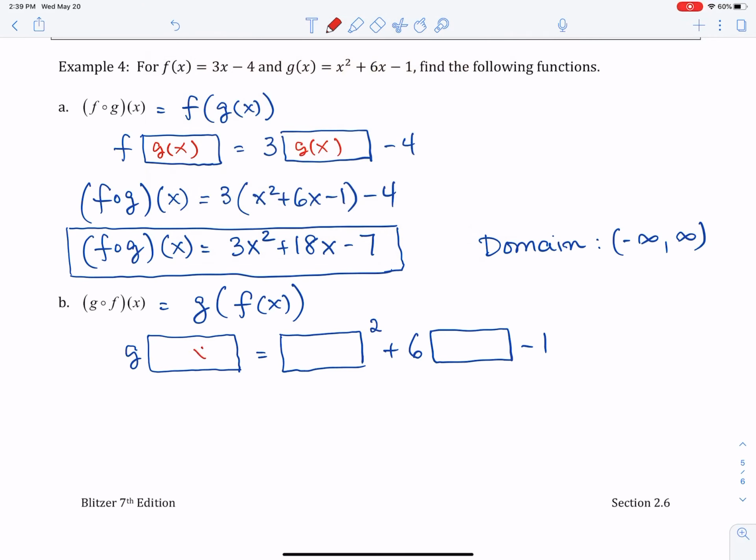Similarly, if it was g of x, we have x squared plus 6 times x minus 1. Well, now the argument is f of x. So g of f of x is going to be f of x squared plus 6 times f of x minus 1.